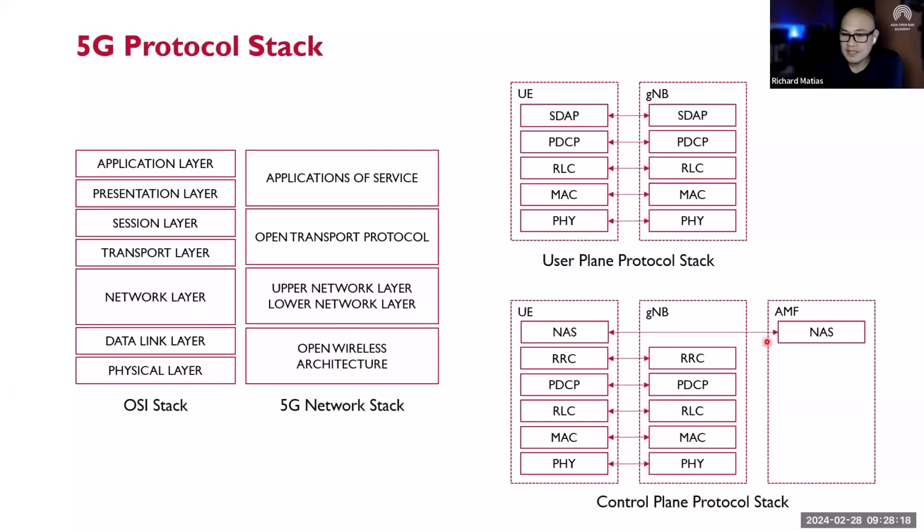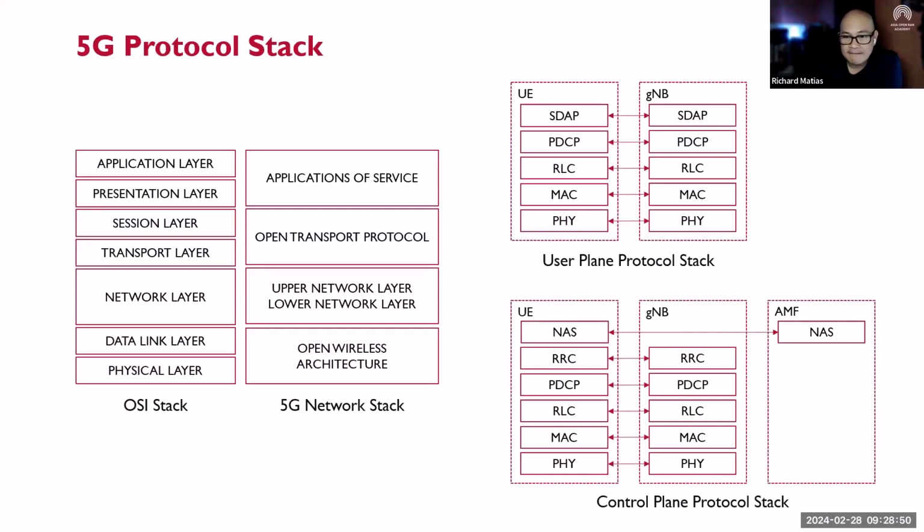The protocol stack is the collection of protocols. These are the set of rules or functions that work together to enable the communications between the user equipment and the network. These are the means of communication happening from the UE to the gNodeB to the core network.